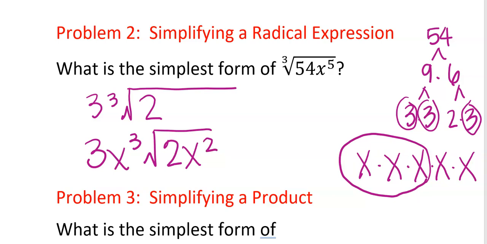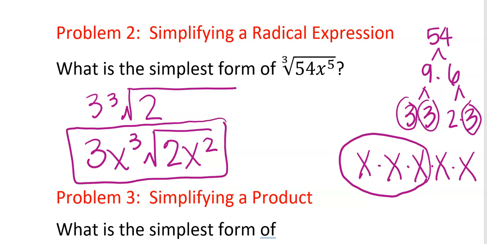So don't write 2x on the inside, write 2x squared. And the 3 is the cube root, not 3x cubed. I'll tuck it in a little bit tighter here. So 3x cube root, 2x squared.